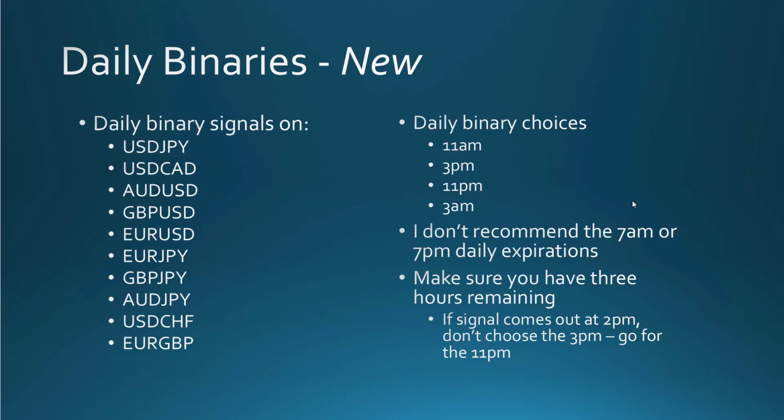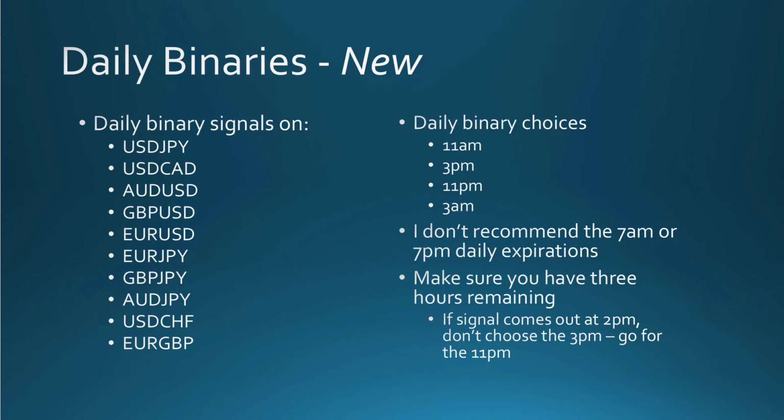Now, beginning this week, we are also going to have daily binaries, okay? The daily binary signals will be on the USD JPY, US CAD, Aussie dollar, British pound dollar, euro yen, British pound yen, Aussie yen, USD Swiss franc, and the euro British pound.